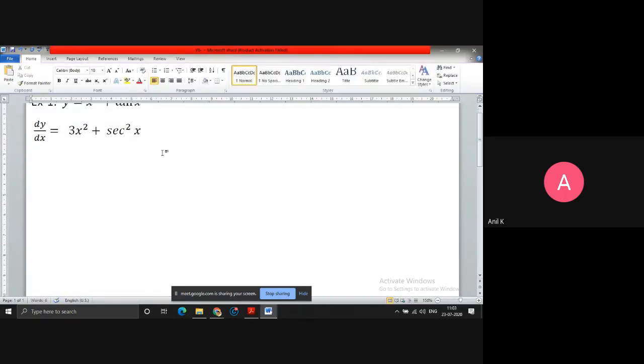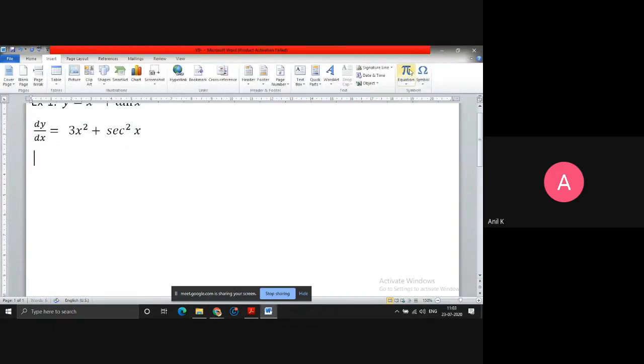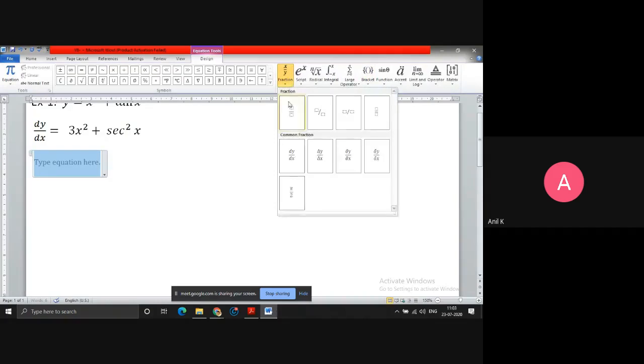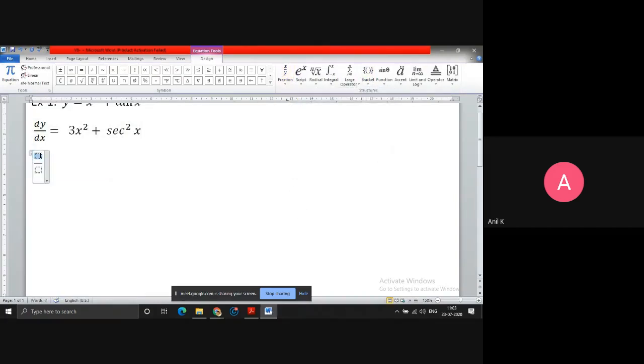When I do the second order derivative, this will come as d square y by dx square.